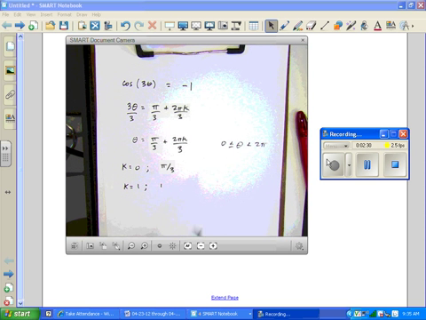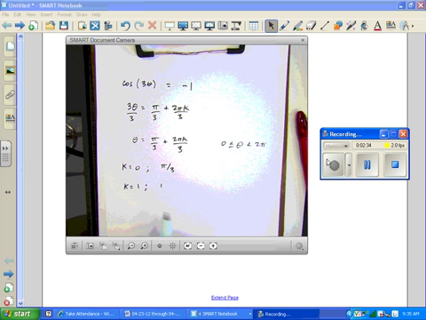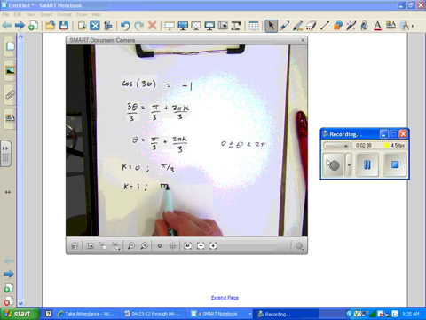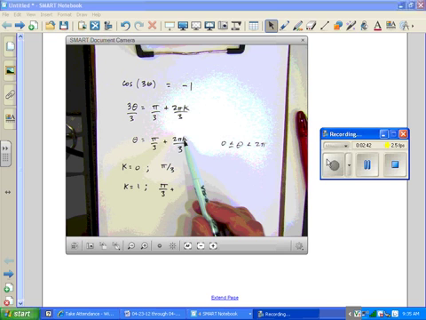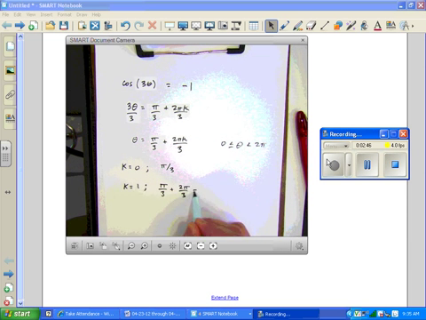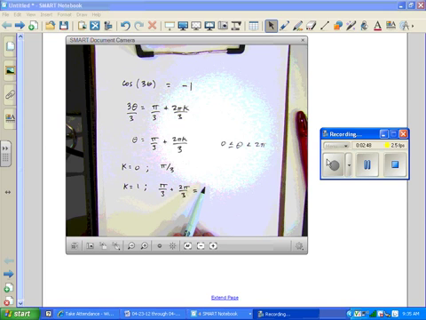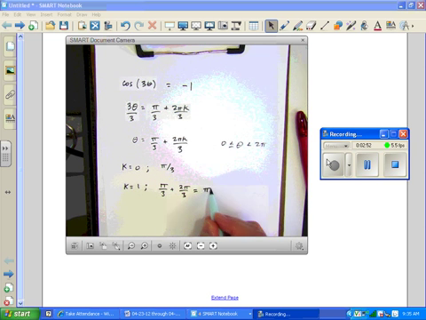Now I have to stop at a certain point because I don't want to go over 2 pi. So let's see what happens when k is 1. This would be pi over 3. Now, what if k was 1 right here? This would be 2 pi over 3. So this would be 3 pi over 3, which would just be pi.